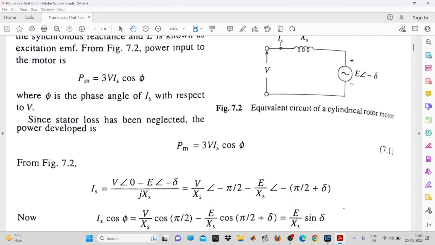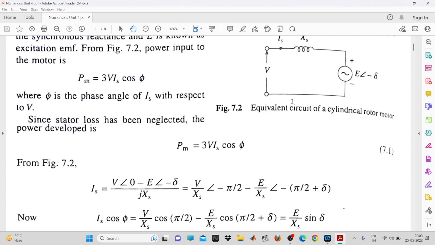It might be any type of power factor. This is the only motor which can operate at different types of power factor. You can have unity power factor operation with a synchronous motor, you can have lagging power factor operation, and you can have leading power factor operation with a synchronous motor.